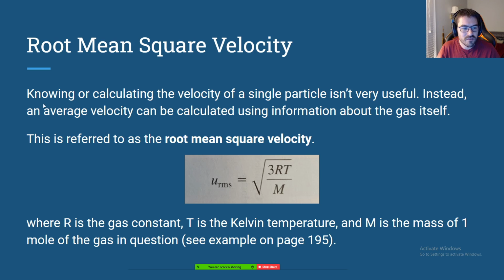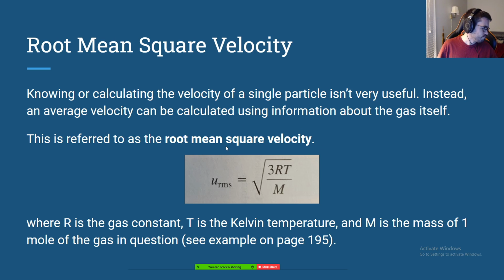But before I get ahead of myself, knowing or calculating the velocity of a single particle isn't very useful. Who cares what the velocity of a single particle is? Instead, an average velocity of all of the particles would be more useful. This is referred to as the root mean square velocity of particles.